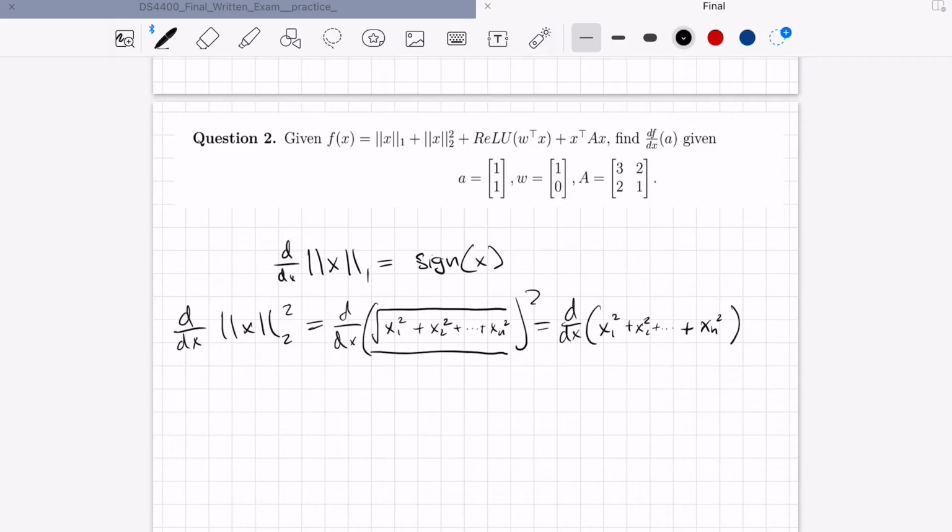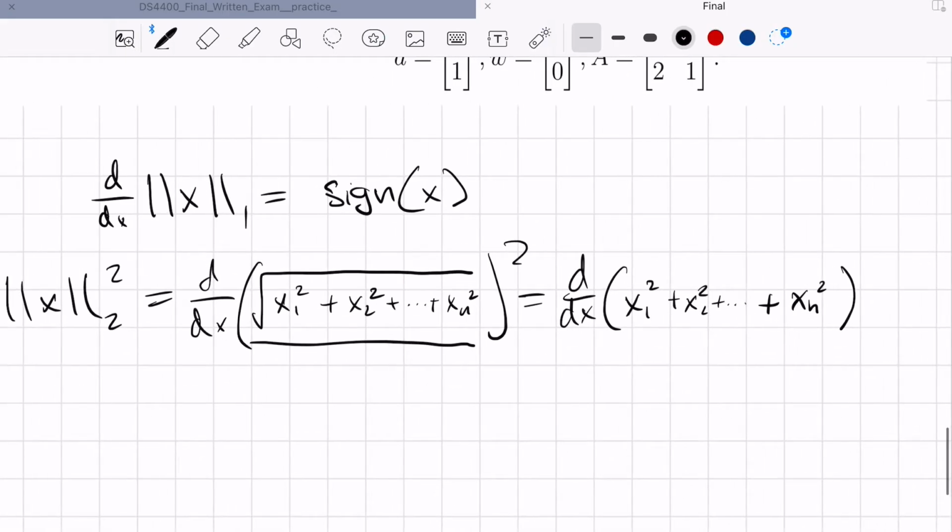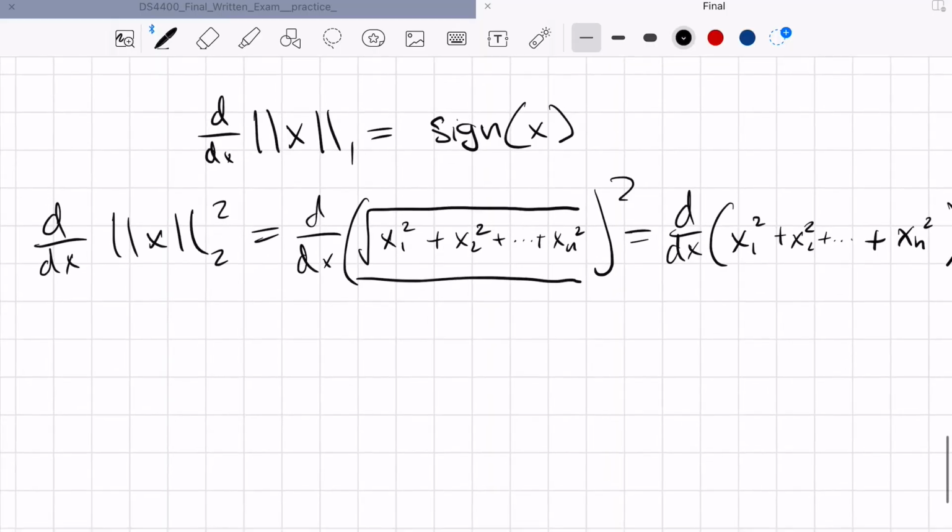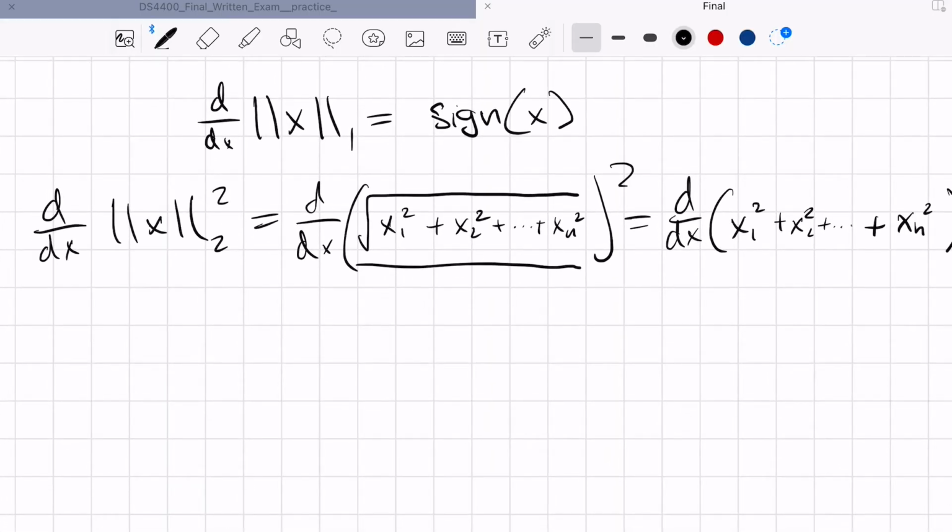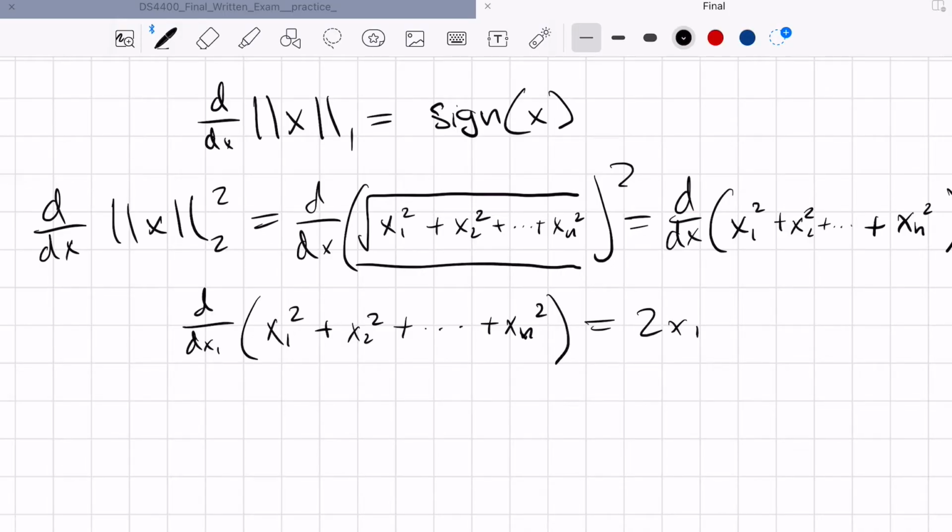Taking the derivative with respect to each component of x: if I take the derivative with respect to x1 of x1 squared plus x2 squared plus dot dot dot plus xn squared, this is simply 2x1, because all the rest get zeroed out.